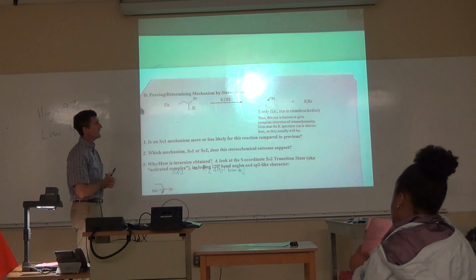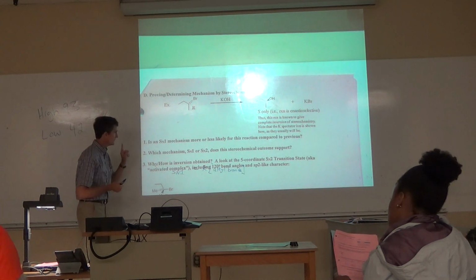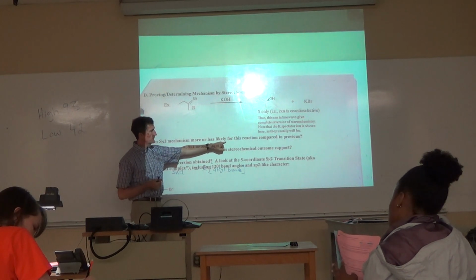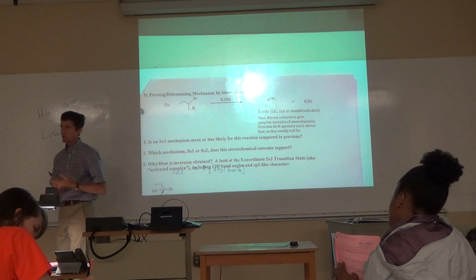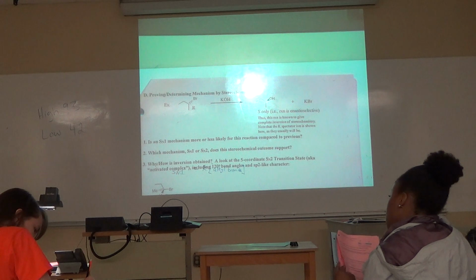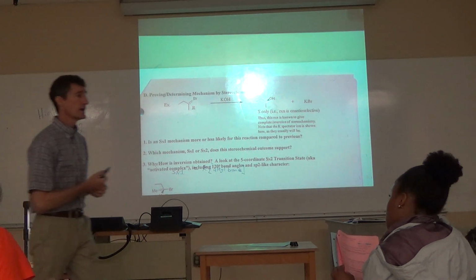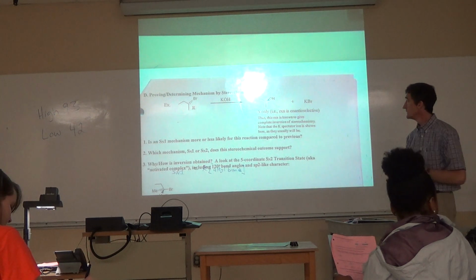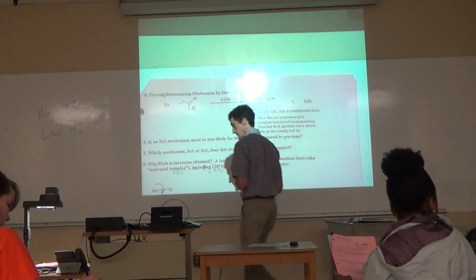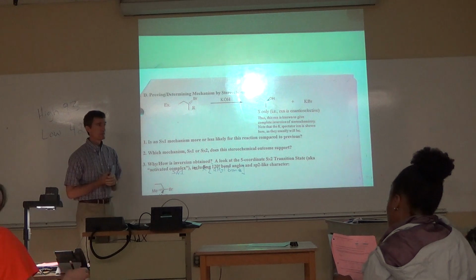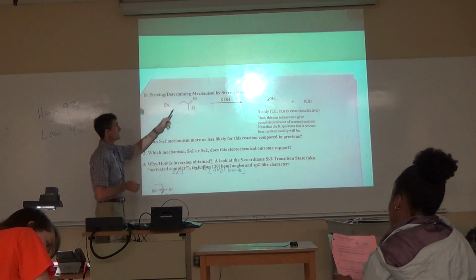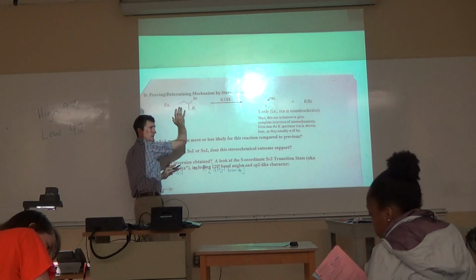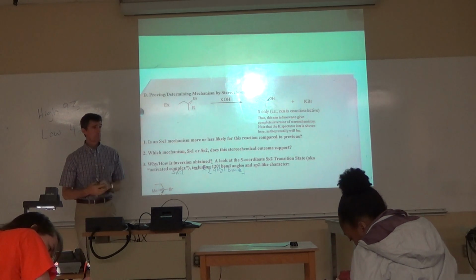Let's ask some questions about this. First off, is an SN1 mechanism more or less likely for this reaction compared to the previous one? More likely. Why do you say more likely? We didn't want to do an SN1 reaction on the previous one because it would make a primary carbocation. This would make a secondary carbocation if the bromine just ionized off, and secondary is better than primary.